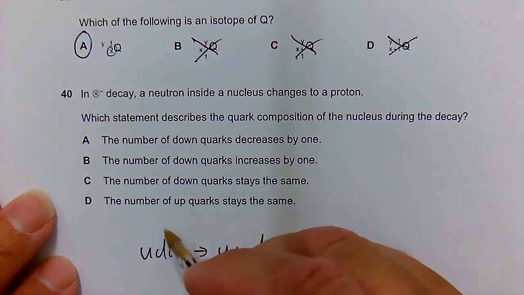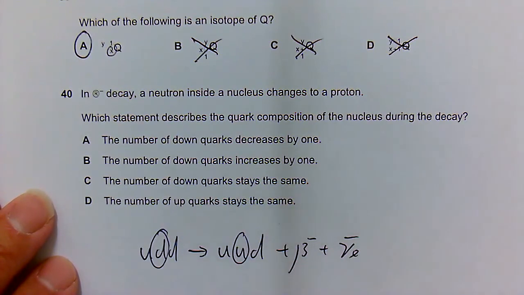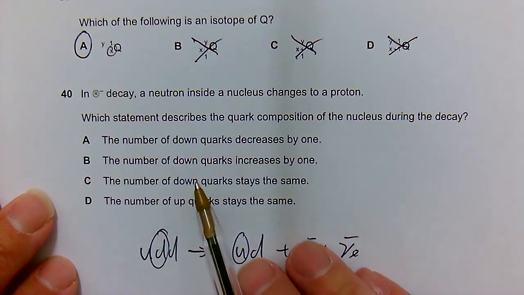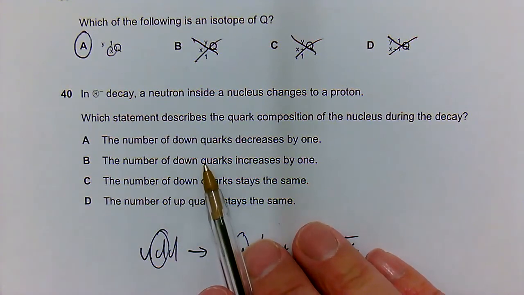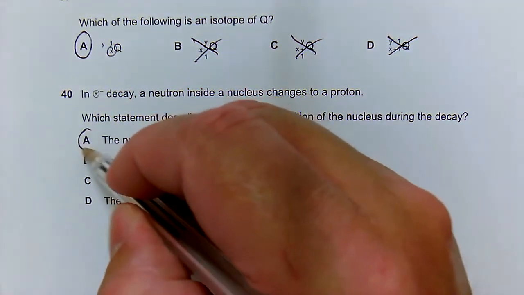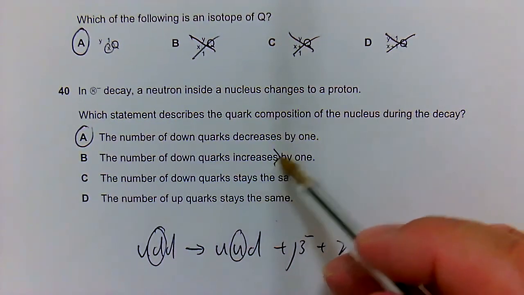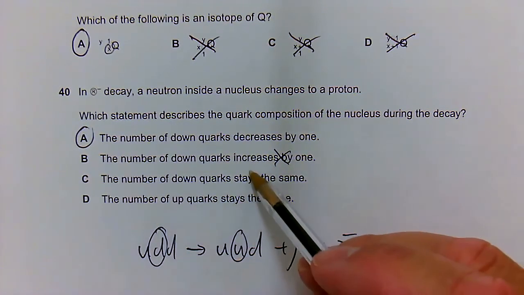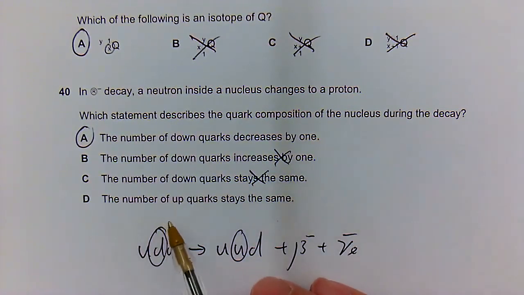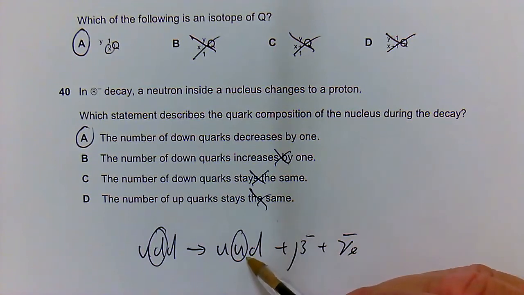So what's happened is that a down quark has changed to an up quark. So the number of down quarks decreases by 1 is the correct answer, but just double check. Number of down quarks increases by 1, clearly not right. Number of down quarks stays the same, not correct. Number of up quarks stays the same, not correct, because it's increased by 1. So the answer is A.